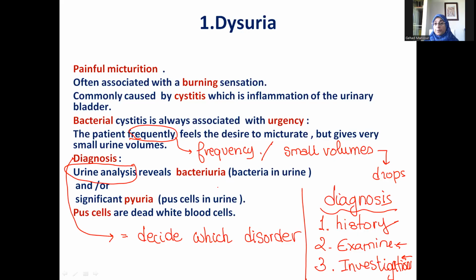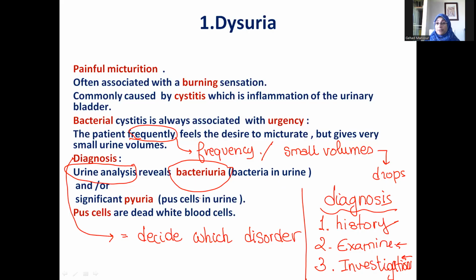And at the end of the presentation, we would be discussing how a systematic urine analysis is carried out in the lab in order to reach a diagnosis. So if you do a urine analysis for the patient, it will reveal bacteriuria. It's not normal to find bacteria in urine.